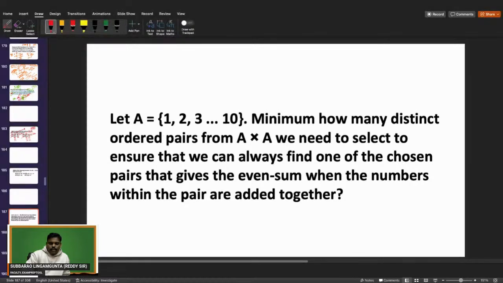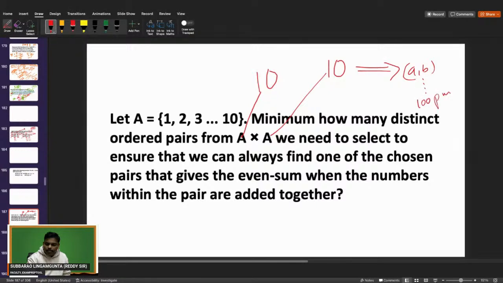So A contains 10 elements, and the other set also contains 10 elements. Total 10 cross 10, 100 pairs are there.